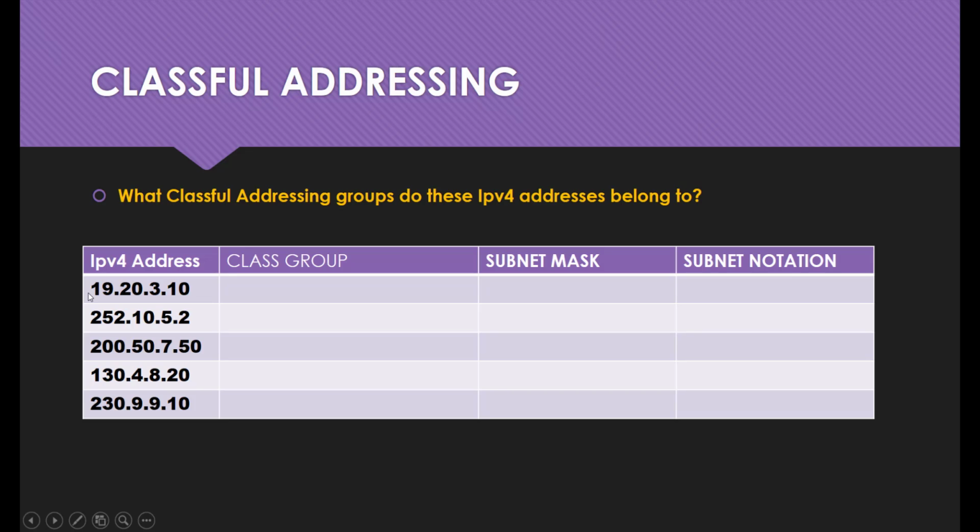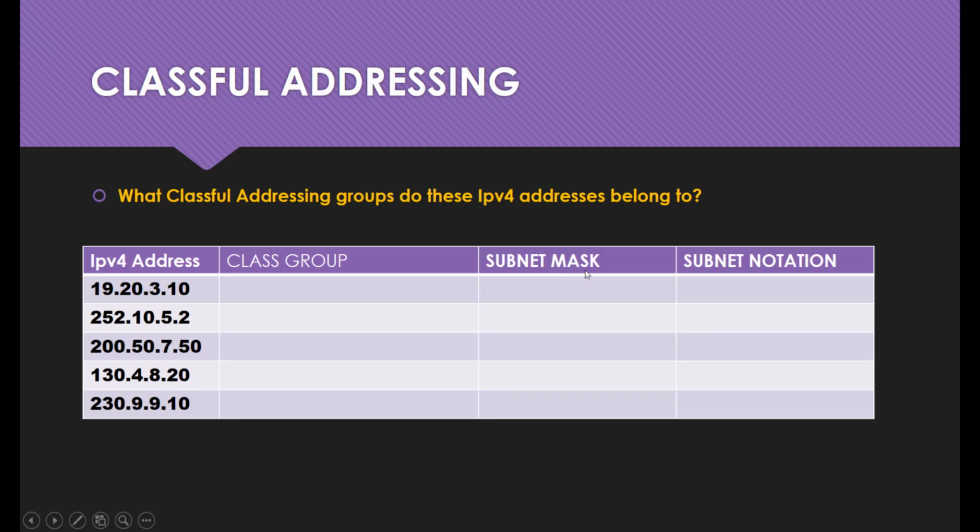And remember that our IP address ranges start from 0 to 128, which is class A, 128 to 192, which is class B, 192 to 224, which is class C, 224 to 240, which is class D, and 240 to 255, which is class E. And in this case, we have 19, which falls within 0 to 128. So this class group should be class A.